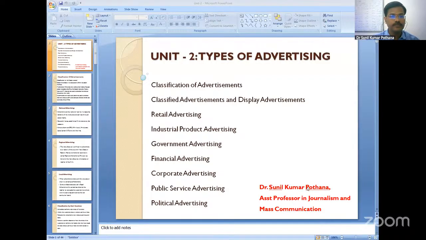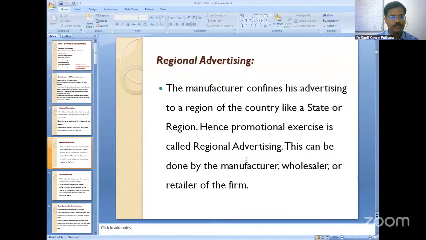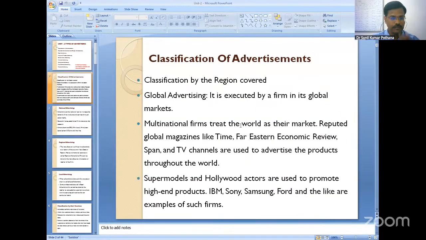Coming to global advertising. Global advertising is executed by a firm in its global markets.